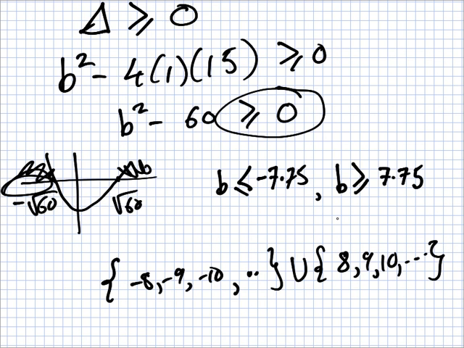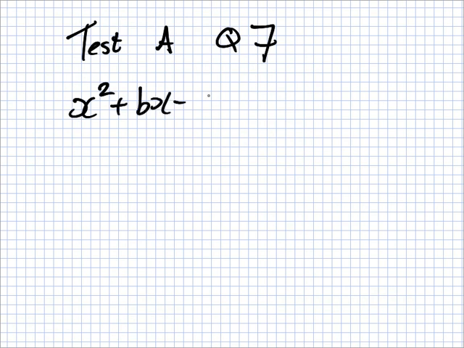Yeah. So if you want, this is now test A, question 7. You have x squared plus bx minus 15. The question is, what are the different values of b? How many are there so that this equation has integer solutions?